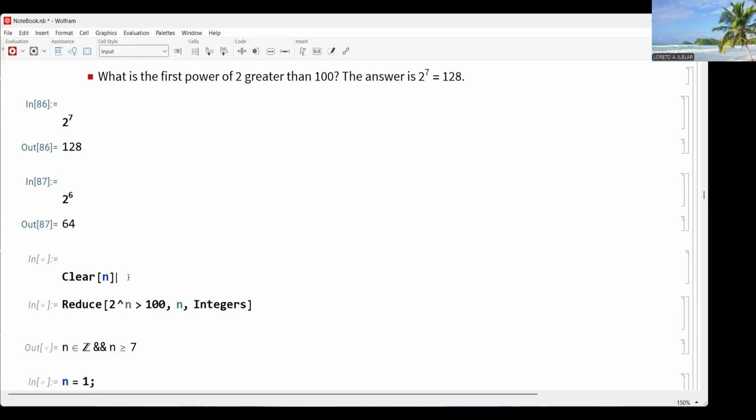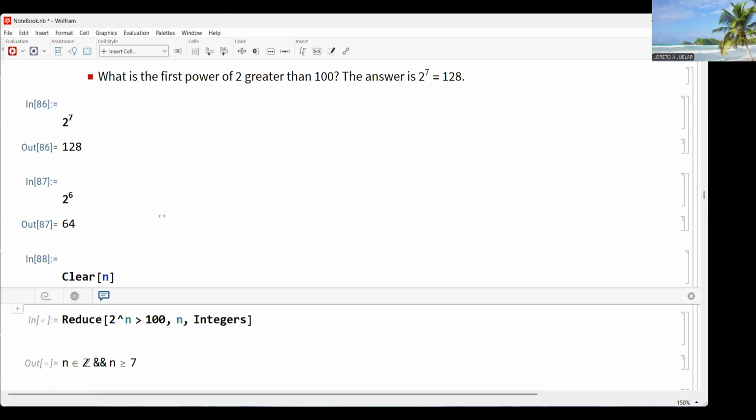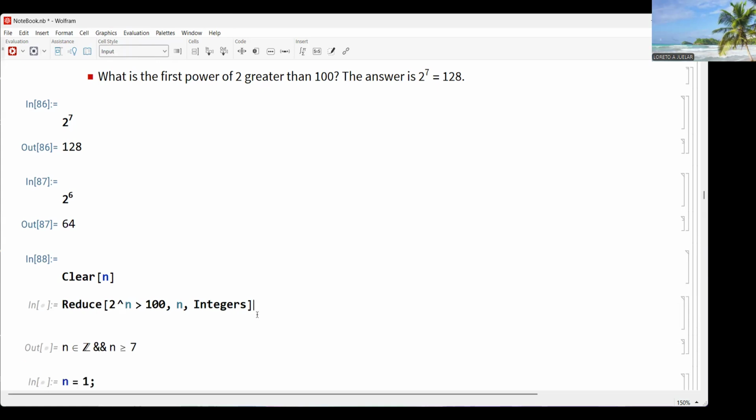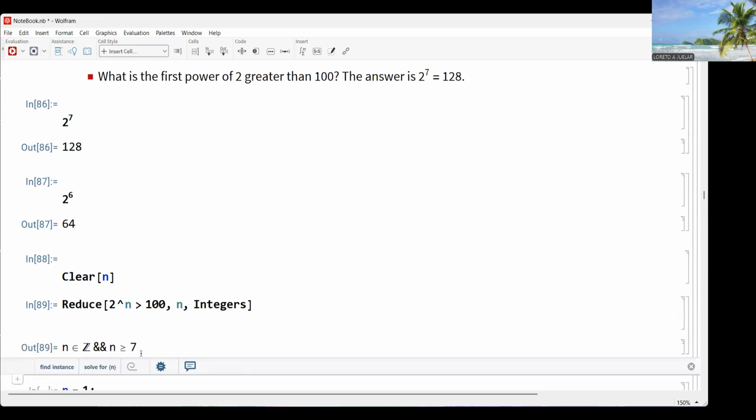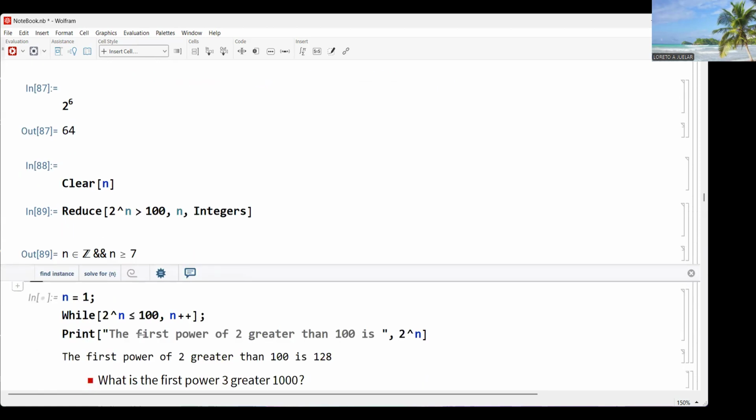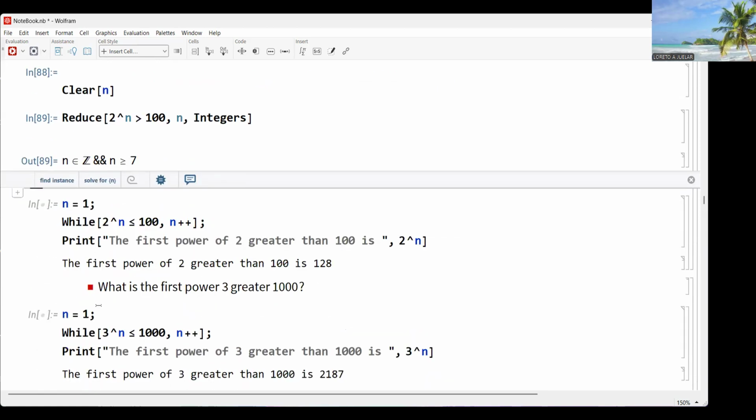Now we can find the 7 here. So 2 to the n is greater than 100. So the corresponding value for n is greater than or equal to 7. Now the first power of 2 greater than 100 is 128.